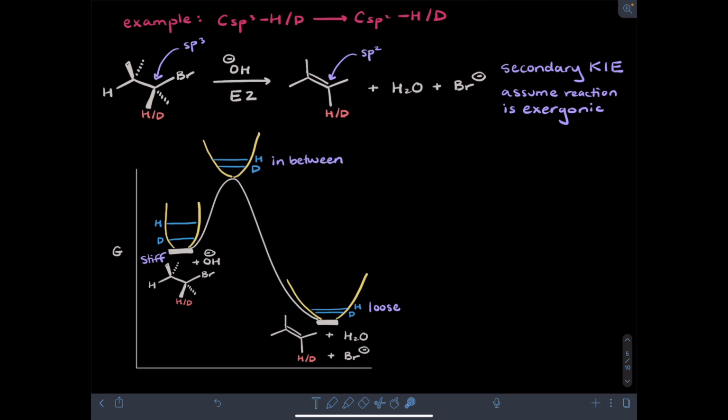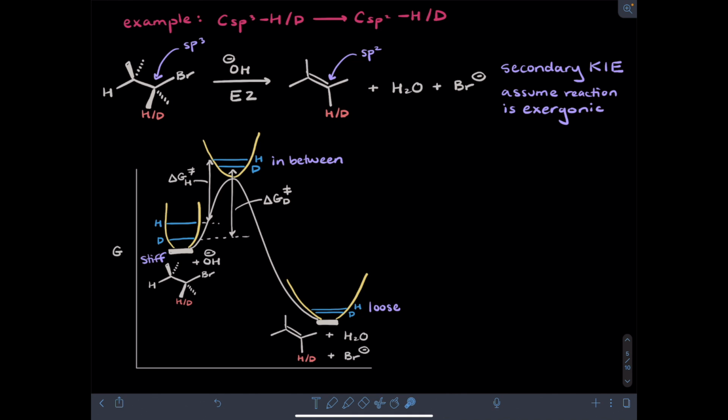I'm drawing it as having a moderate width, and the difference in 0-point energies is in between those for sp3 versus sp2. The barrier for this reaction involving a deuterium can be determined by going from the 0-point energy of deuterium up to the transition state for deuterium.